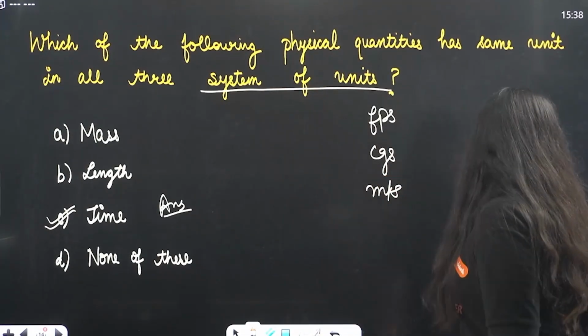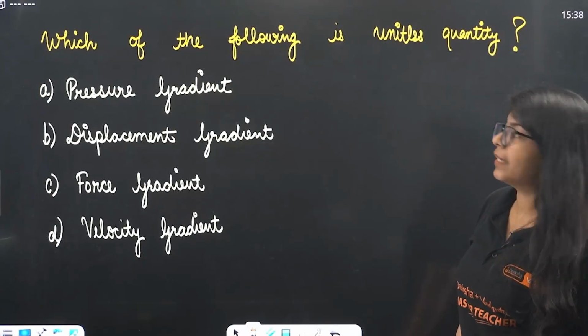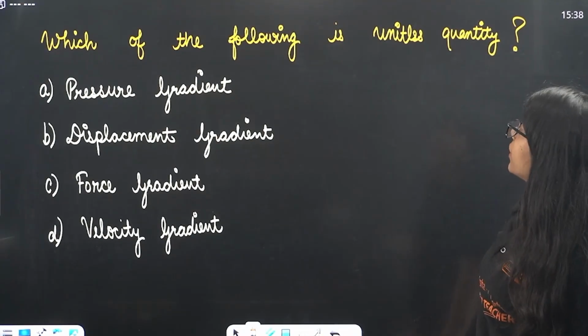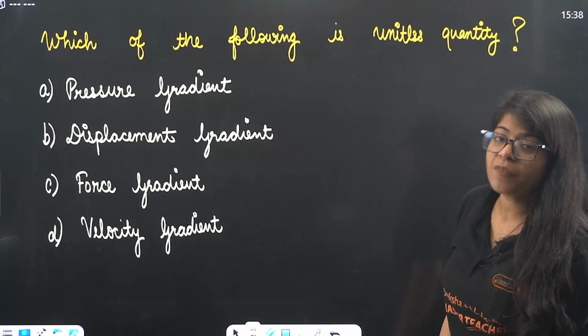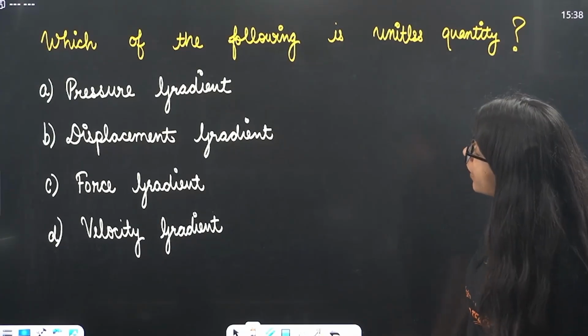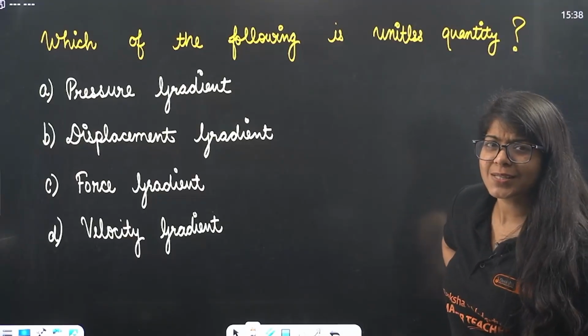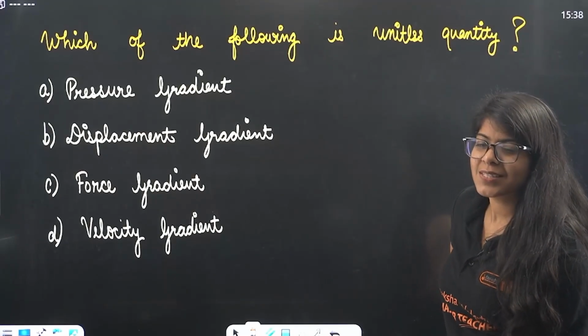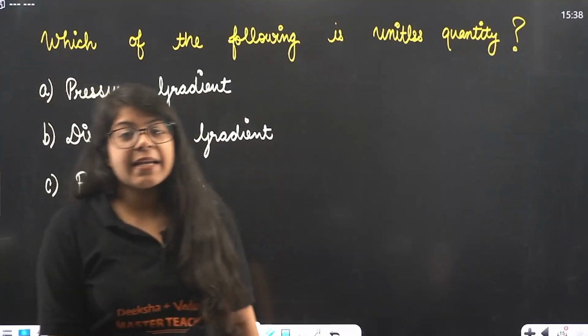Next question and the last question, which of the following is the units of quantity? Pressure gradient, displacement gradient, force gradient, velocity gradient. Ma'am, what is this? Now, let's understand this clearly. Beta, gradient is what?